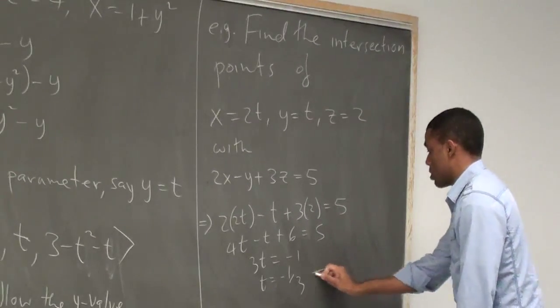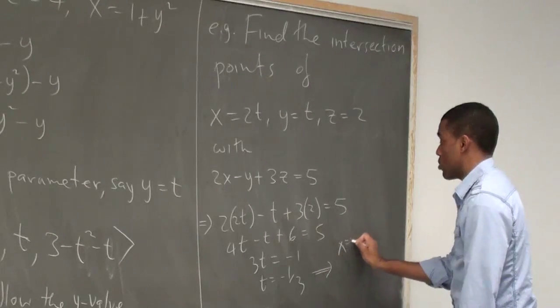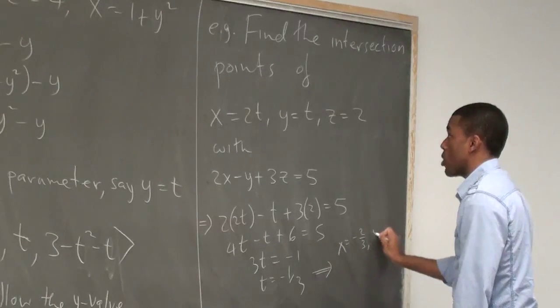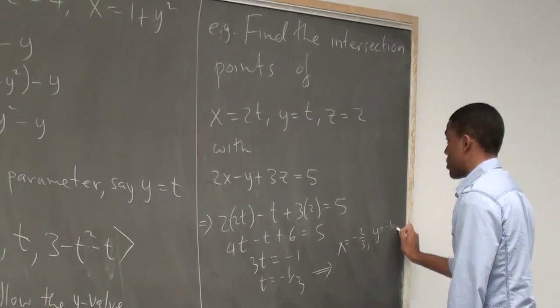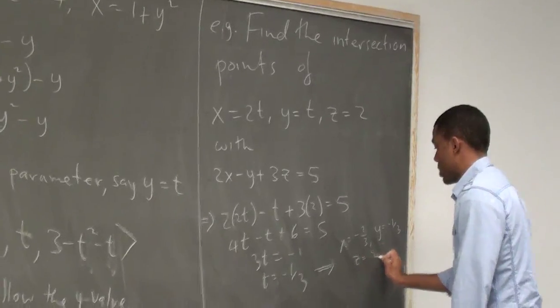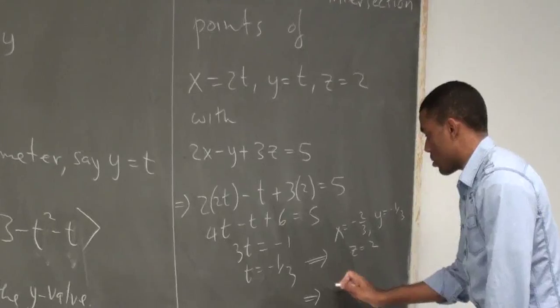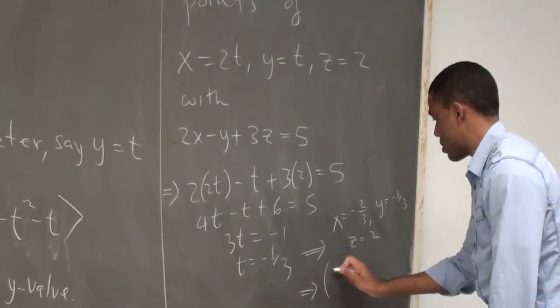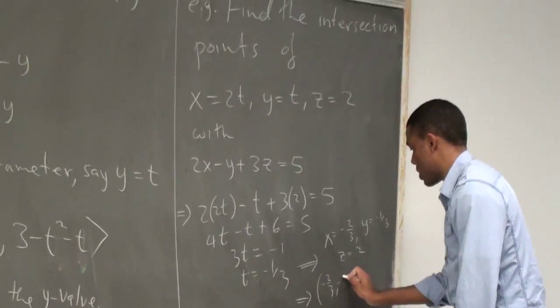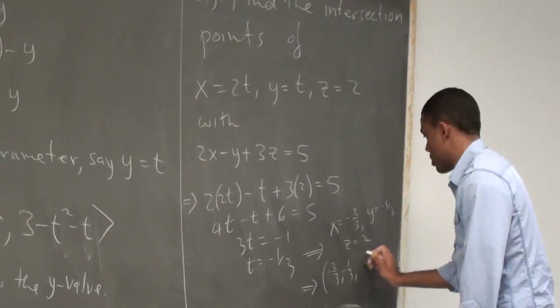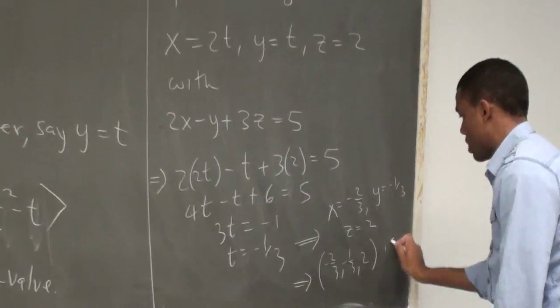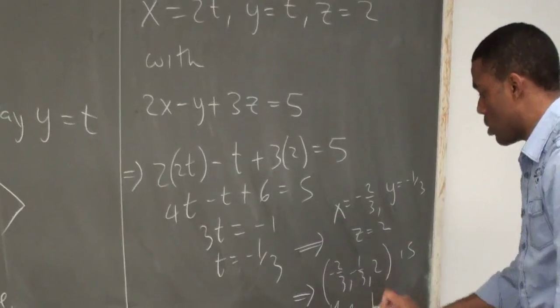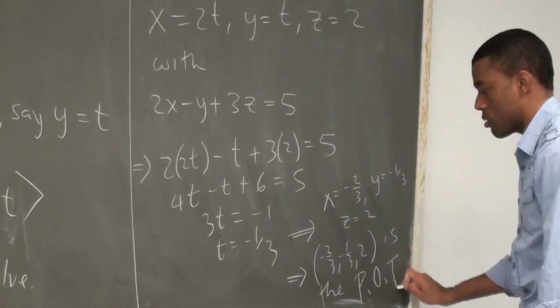This implies x will be minus 2/3, y will be minus a third, and z is 2. So minus 2/3, minus 1/3, 2 is the point of intersection.